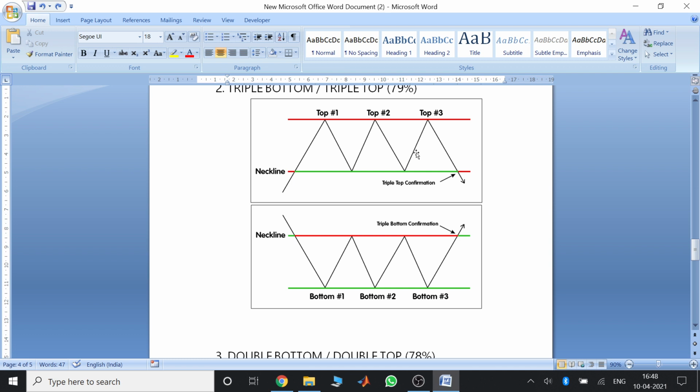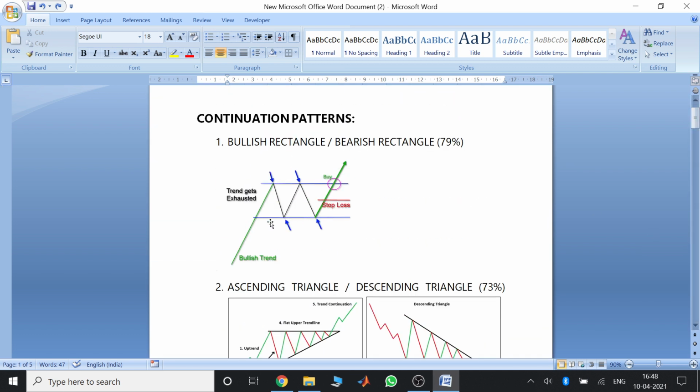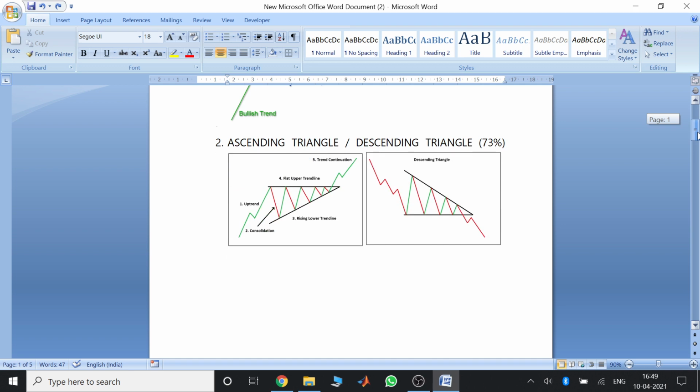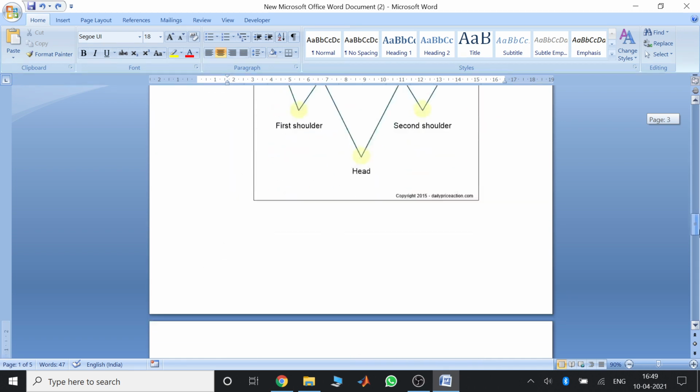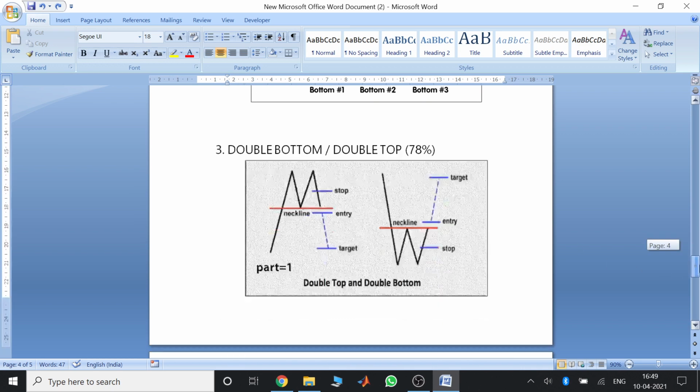So it is again a rectangle pattern, as we saw here. A bullish rectangle functions in a similar way, but there price moves up and breaks the high. But here what happens is price reverses and breaks the low instead, which signifies a trend reversal. Similarly here, price comes down, consolidates sideways, and then moves up, which is again a reversal.